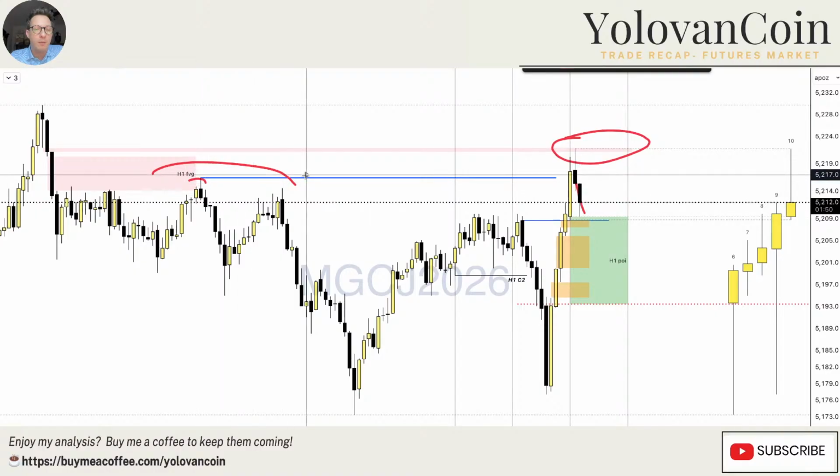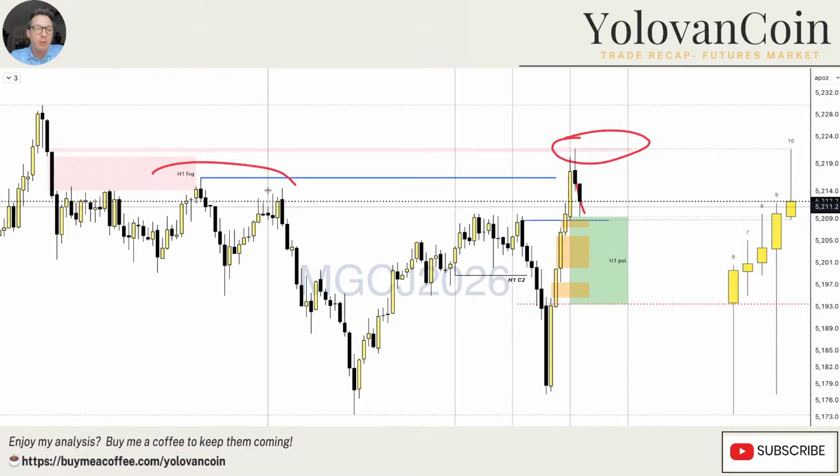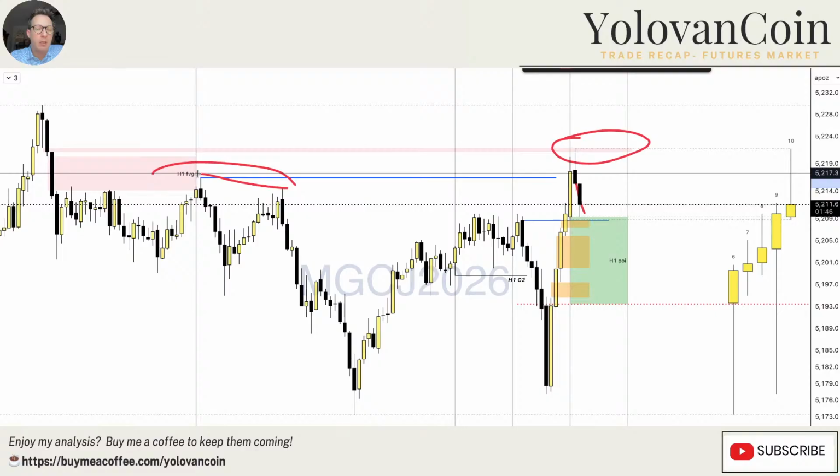Two times it's been touched. Usually, if we have a fair value gap or PDA that was touched 2 times, and there is another PDA close, we're going to use those 2 touches as a failure swing.